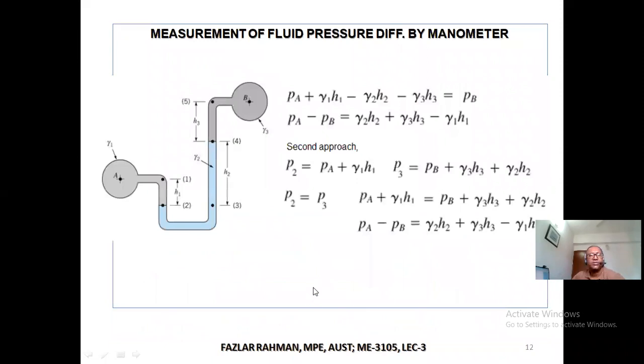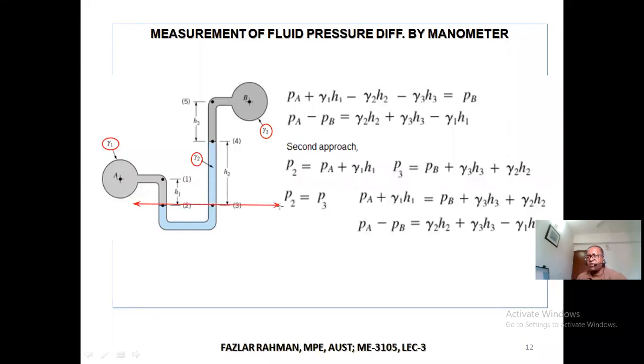Right over here is one more example of how we can measure the pressure difference, like this tank. Right over here there are 3 types of fluid: this one gamma 3, this one gamma 1, and inside the manometer you have gamma 2. Now, how can we measure the pressure? So where you can make your vertical plane, horizontal plane, that fluid has the same line.